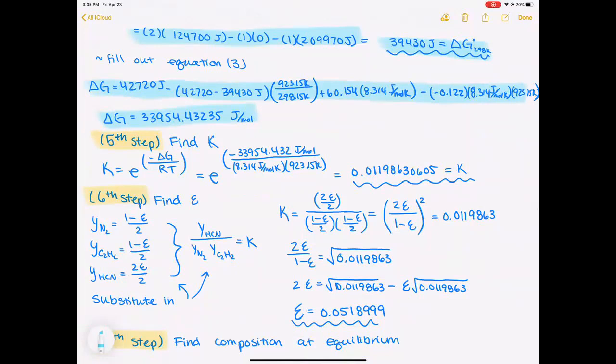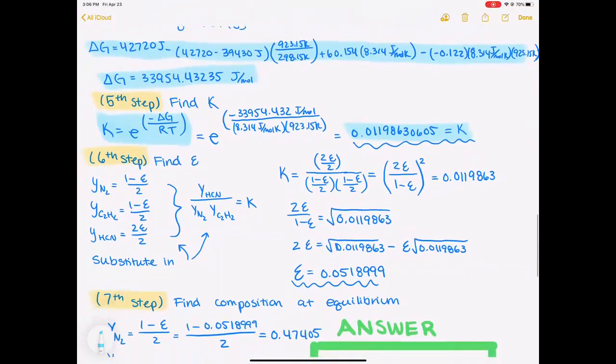So once you find delta G, then you can use that to find K. This equation right here is found in the book in chapter 14, right next to all the other ones. You plug delta G in, you plug T and R, and then you get K is equal to that value of 0.01198.